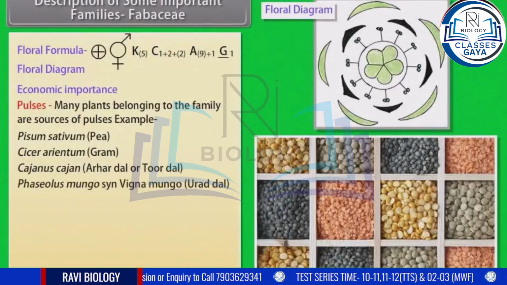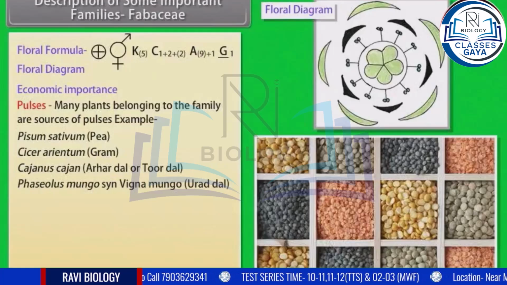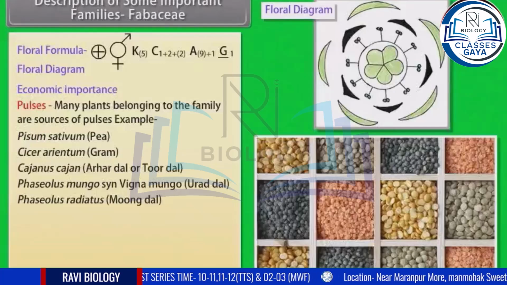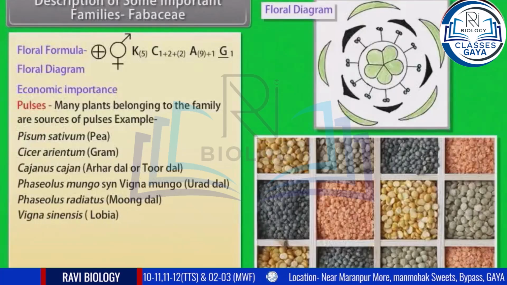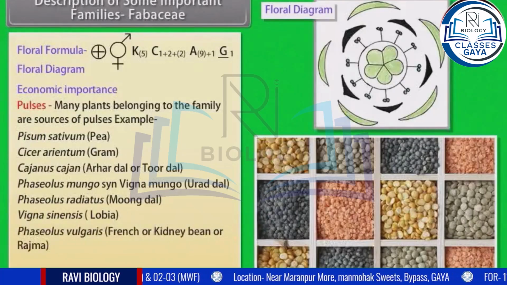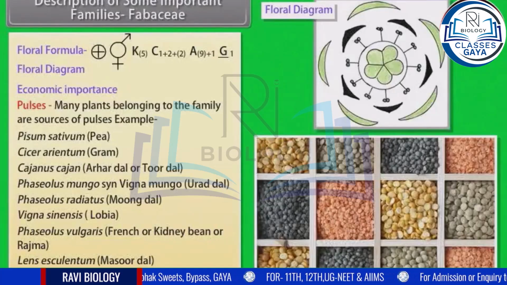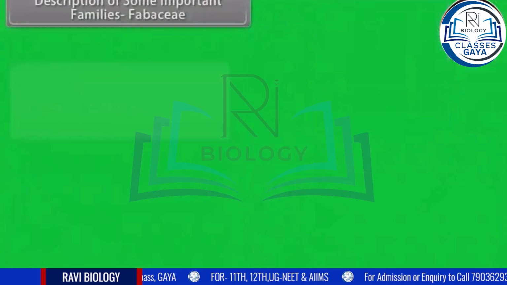Phaseolus mungo, Vigna mungo, urad dal. Phaseolus radiatus, mung dal. Vigna sinensis, lobia. Phaseolus vulgaris, French or kidney bean or rajma. Lens esculenta, masoor dal. Lathyrus sativus, kesari dal.